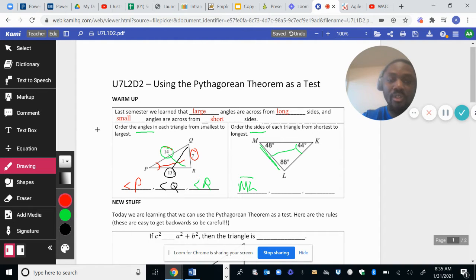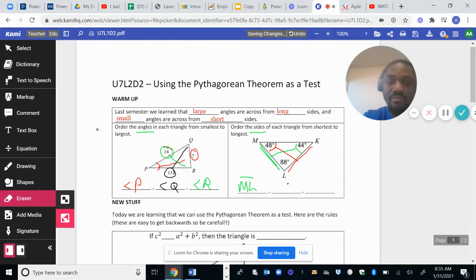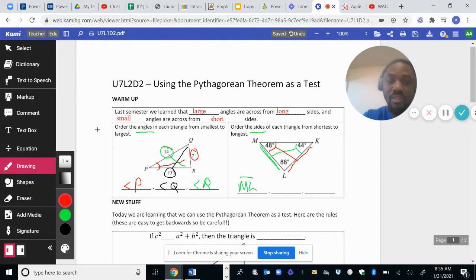The second smallest angle is 48. The side across is this KL. So we're gonna write KL or LK, whatever you want.